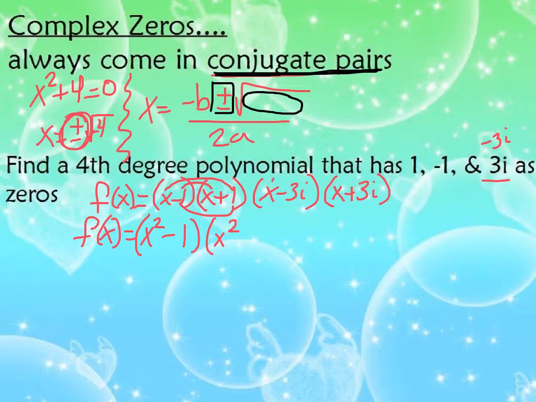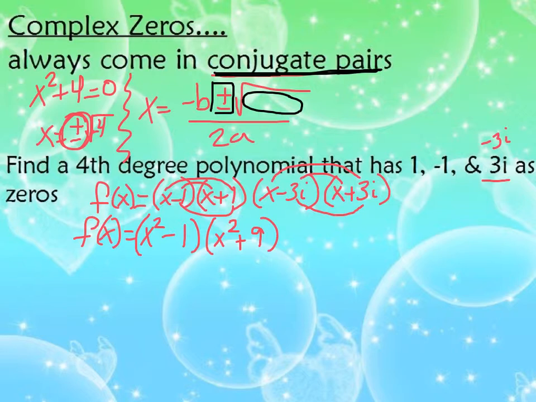But again, outer is a 3ix, inner is a negative 3ix. Those are going to drop. So last gets me a negative 9i squared. But remember from yesterday that i squared is really just a negative 1. So what I'm going to do is just change that to a plus 9, and I'm going to get rid of the i squared then.